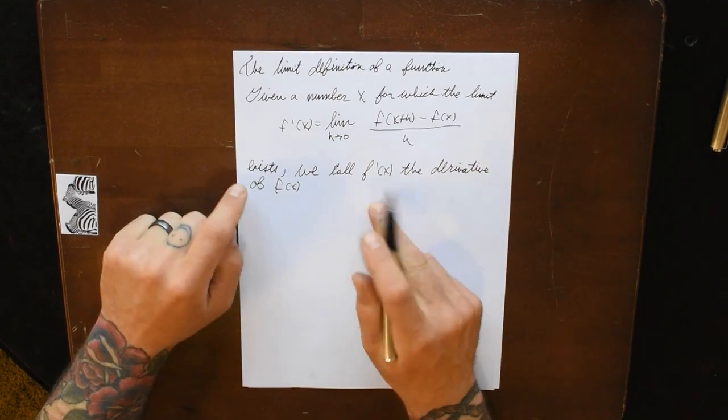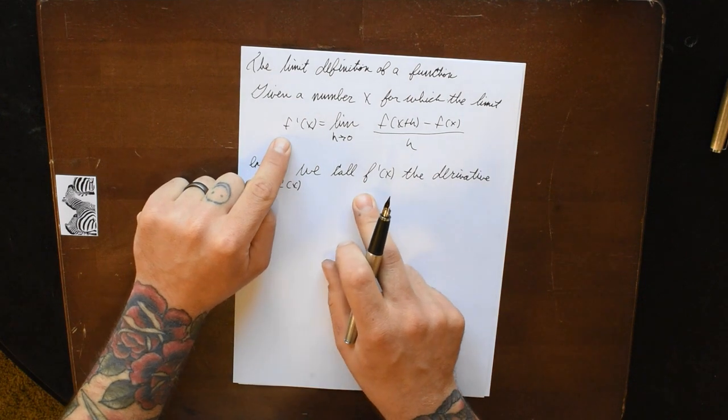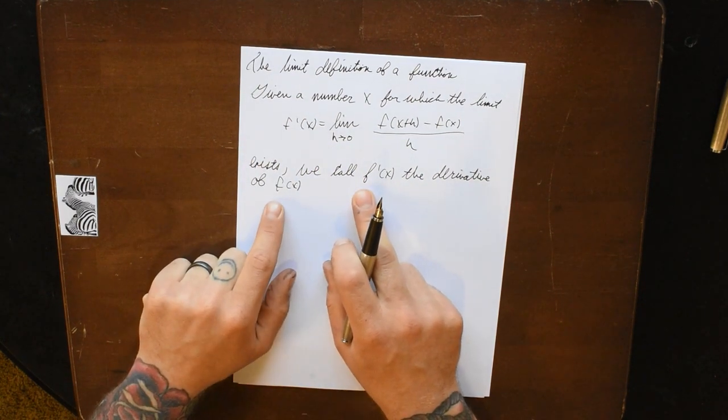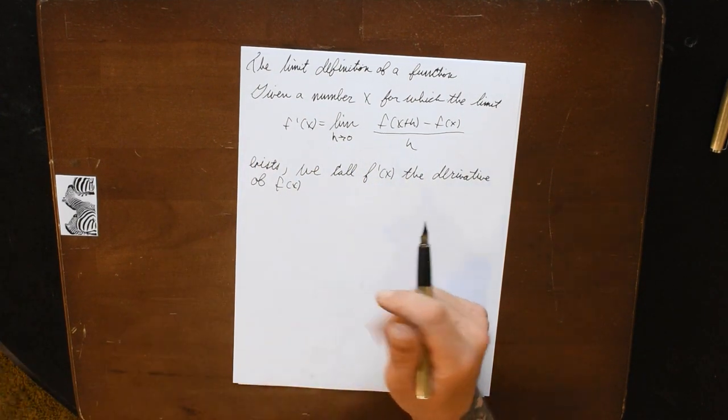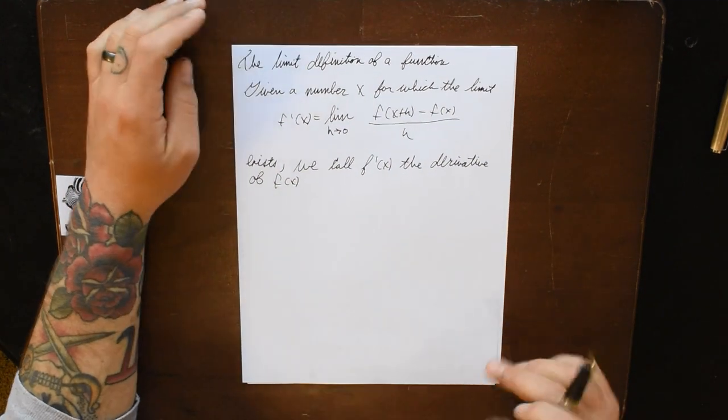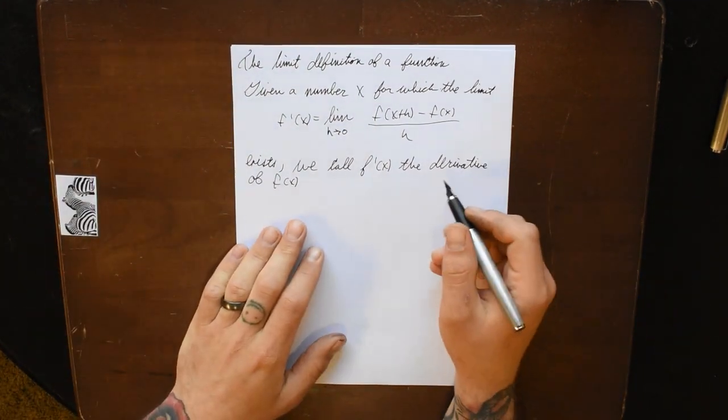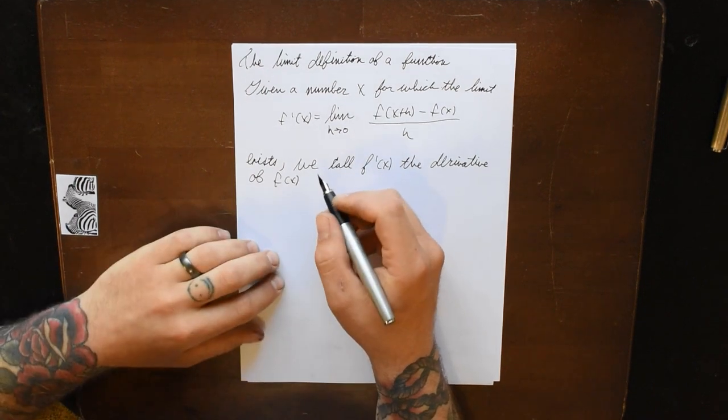Once again, this cursive f is the same as that cursive f. I'm pretty bad about jumping back and forth with my f's. Once we get into, I believe, chapter 4, I will curb that very quickly. The derivative of f of x.